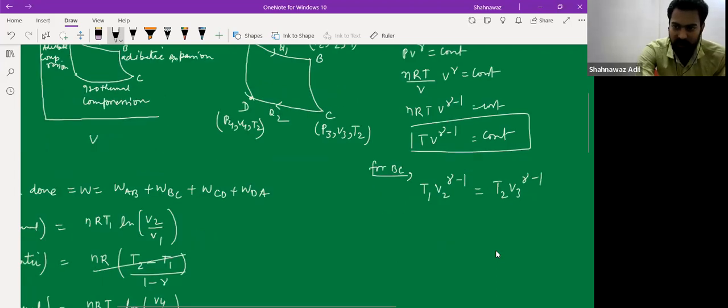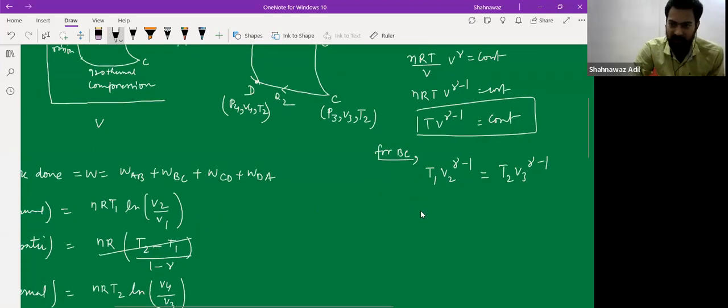So T2 by T1 would be V2 by V3 to the power gamma minus 1.